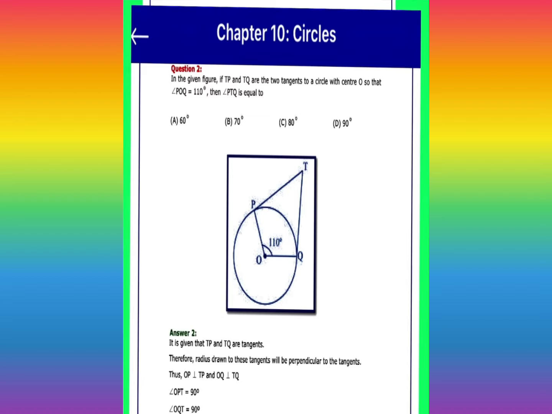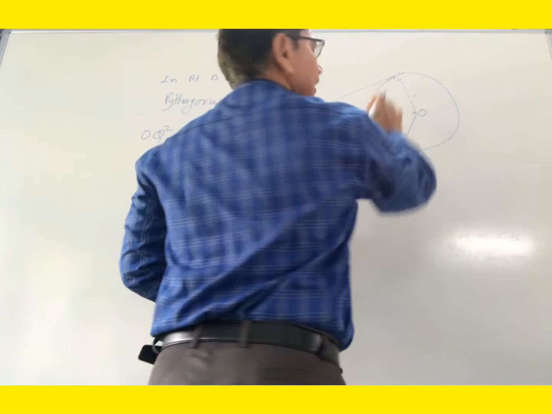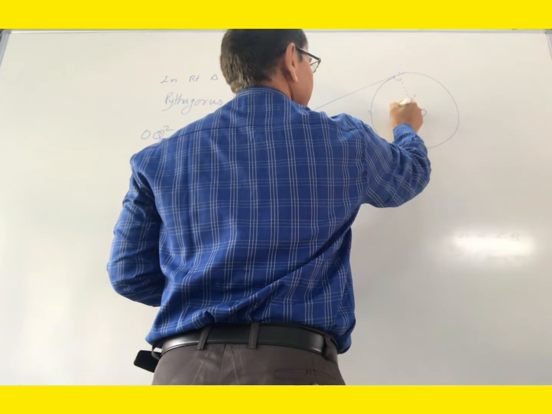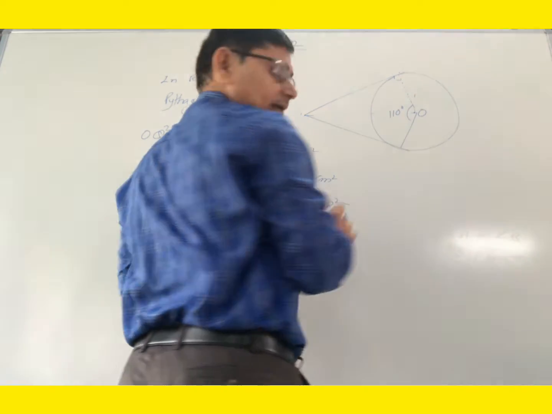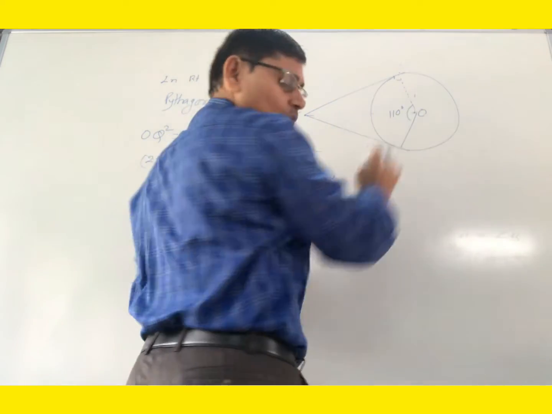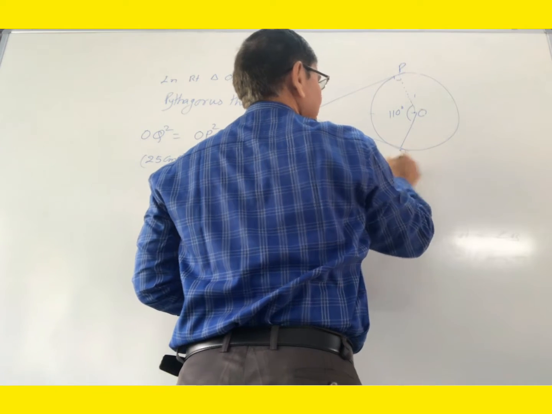But how can we find the solution? Now see here: this angle is given as 110 degrees, and this is T. This one is O. This point is P and this point is Q.